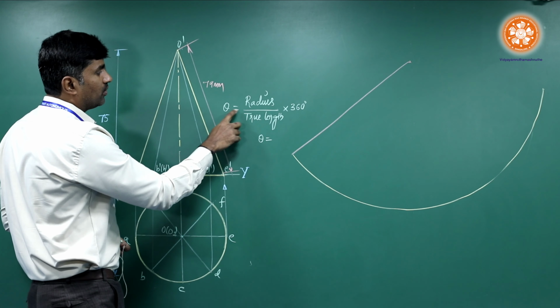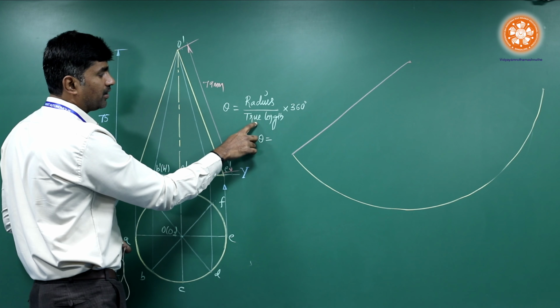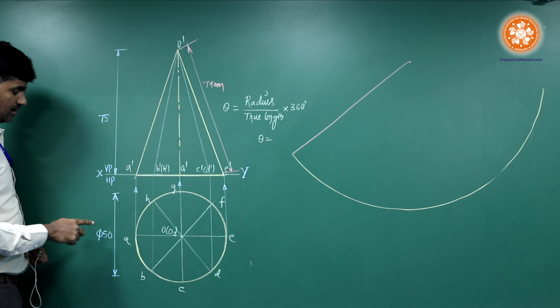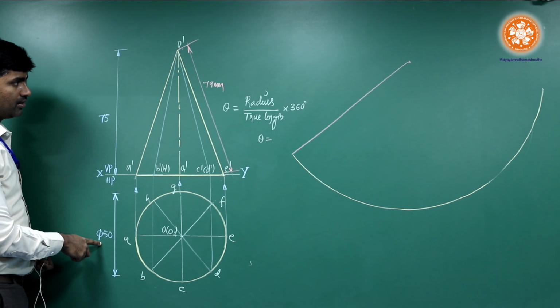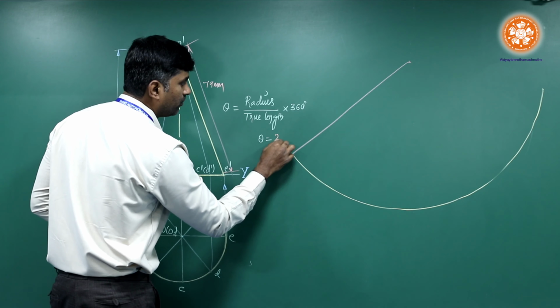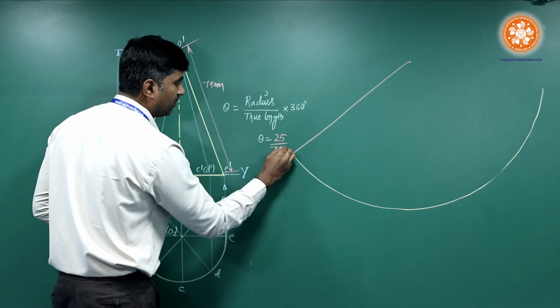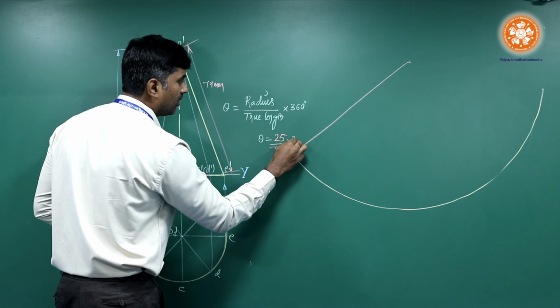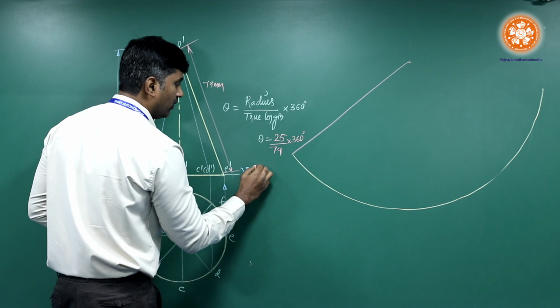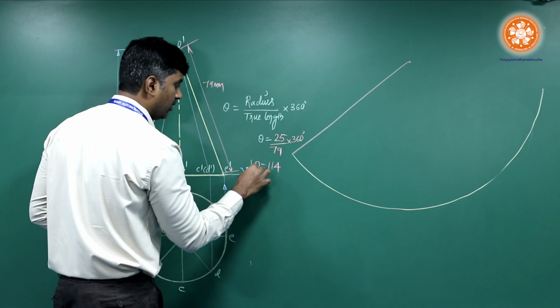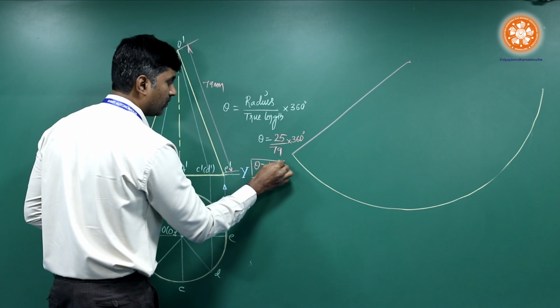So theta is equal to radius divided by the true length into 360. Since the diameter is 50, the radius would be 25, divided by its true length 79, multiply by 360, we will get theta is equal to 114 degree when it is approximated.